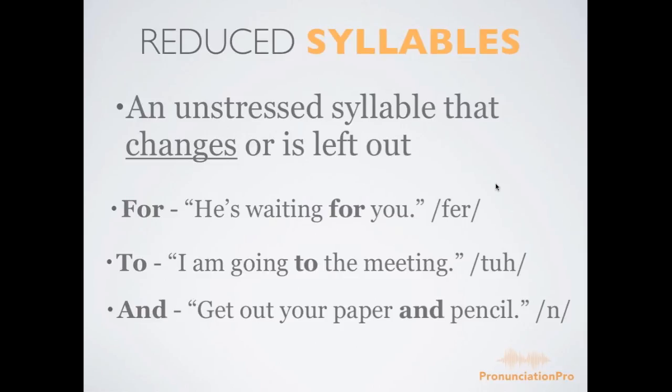When I slow down, my mouth is wanting to do the full pronunciation, but really in connected speech, that "and" becomes "n." So listen for that as you're listening to native speakers and practice it yourself. See if you can get that reduced pronunciation like in these sentences.